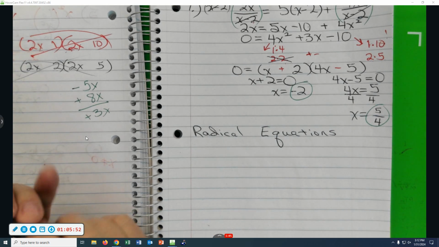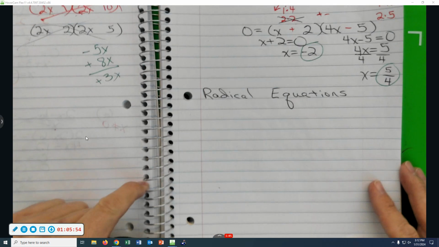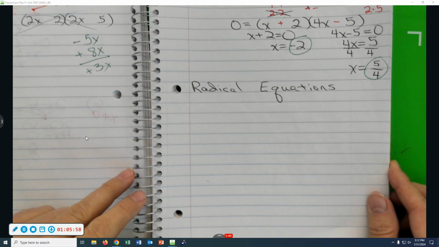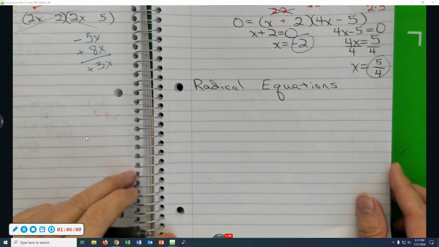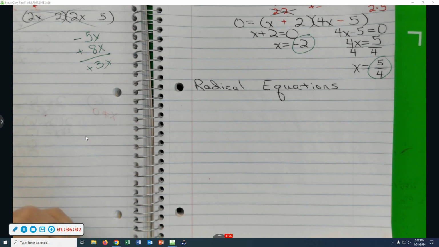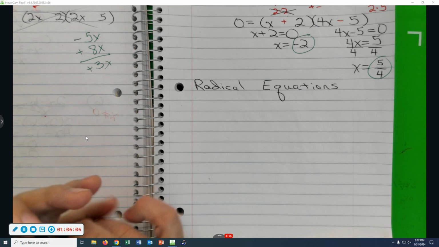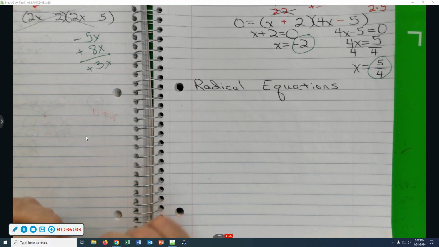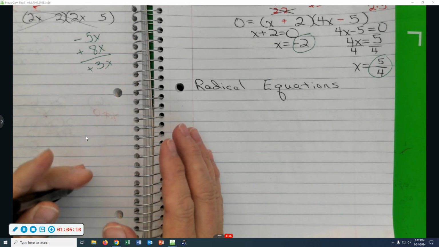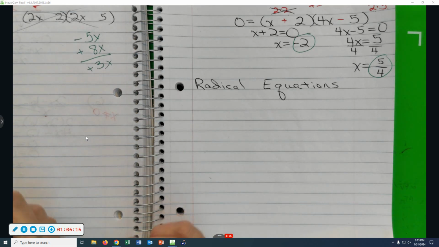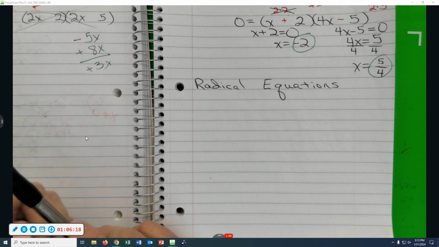What we're going to do is, just like with fractional equations, we do something to remove fractions so that we can solve the equation using our traditional methods. With radical equations, we're going to do something to remove the radicals, so we'll hopefully wind up with a quadratic equation that we can either factor or use the quadratic formula on, okay?